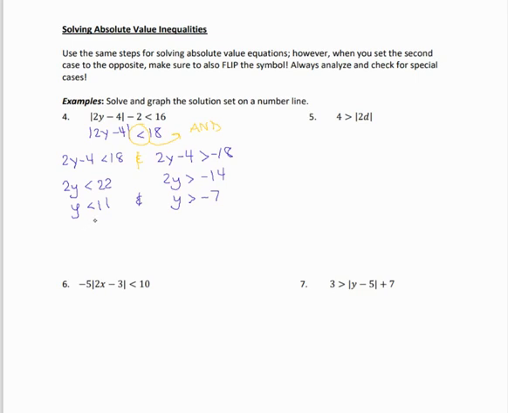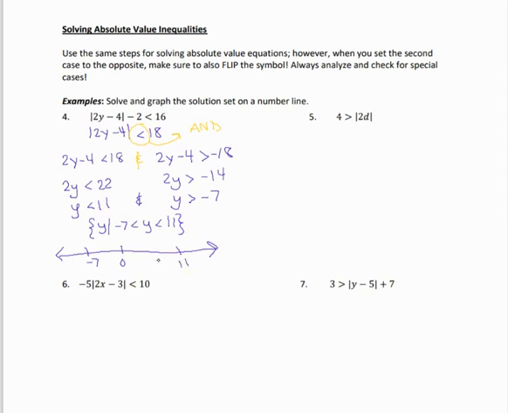So I'm going to write that as a solution set. Because it's an and statement, I like to combine them. So it's going to be y such that y is greater than negative 7 and less than 11. Now let's graph that on a number line. Don't need to put all the numbers here. I'm going to put 0, negative 7, and 11.